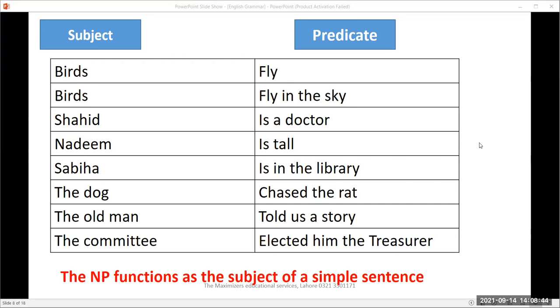Remember what is written in bold red: NP. NP stands for noun phrase. So what is a noun phrase? A noun phrase is two or three words which serve as a subject. Examples we are going to see in the next slide.